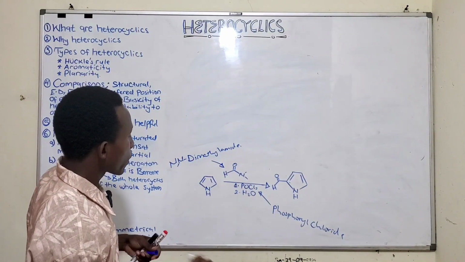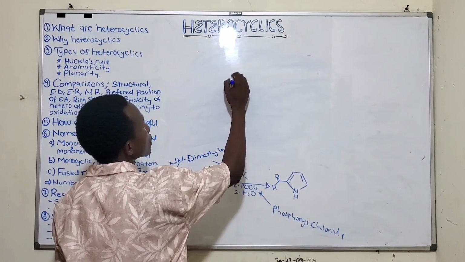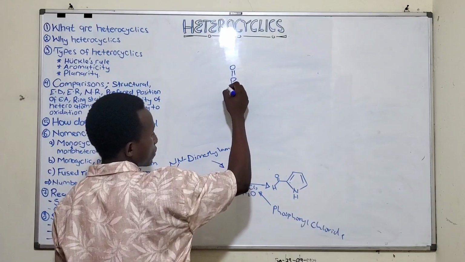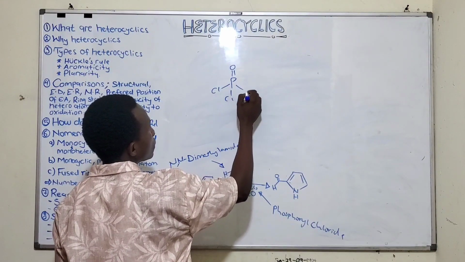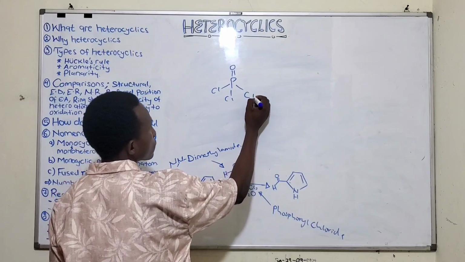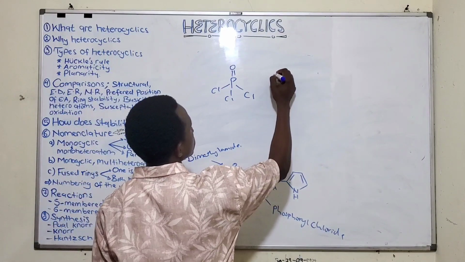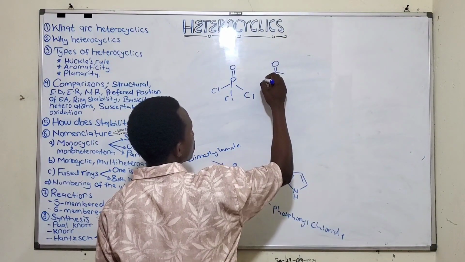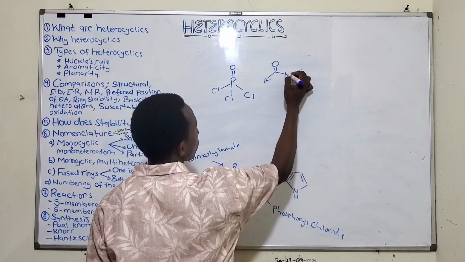Now, how can we do the mechanism? Phosphoryl chloride, this is the structure, shall have this with chlorine, and chlorine. Then we are having this N,N-dimethylformamide.